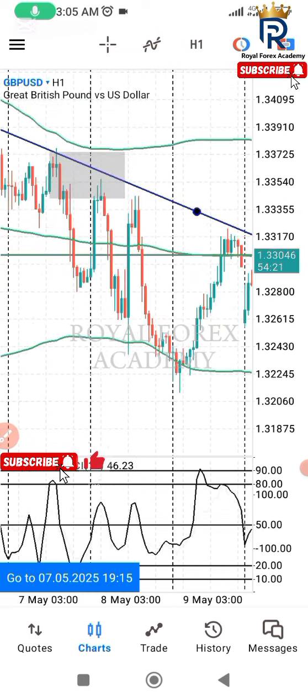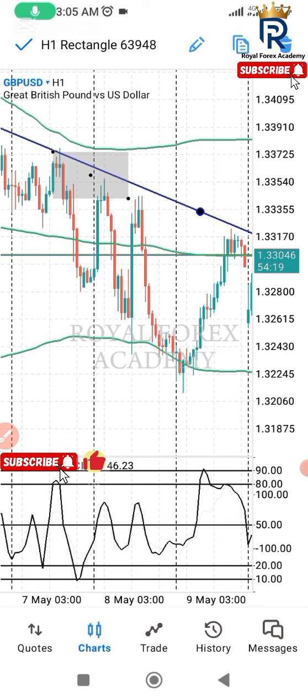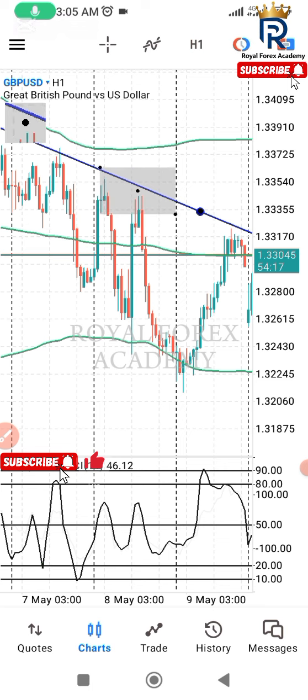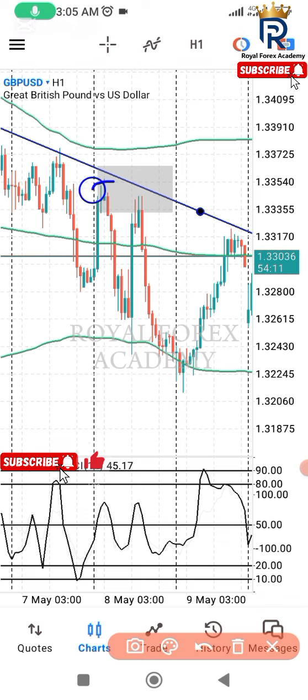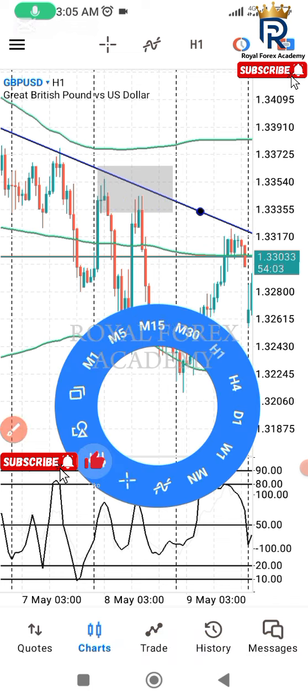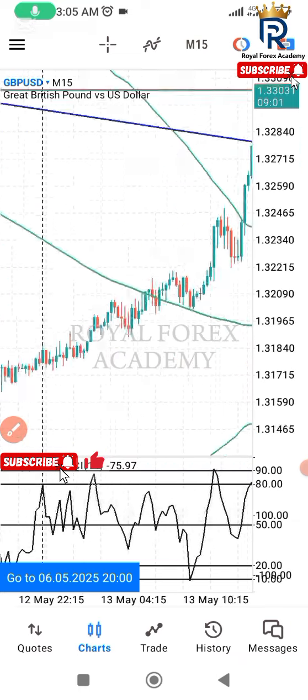So please, you must wait for this confirmation, and this confirmation doesn't fail. So now we are looking for this particular pattern in order to trade this. So let's go back to our 15-minute time frame again.